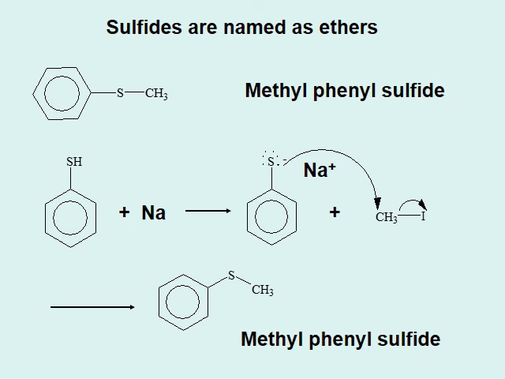Now sulfides, in this particular case, look like an ether linkage, except that instead of oxygen we have sulfur, and it's called methyl phenyl sulfide. So reactions are very similar. Here, instead of oxygen, you have sulfur minus that reacts with methyl iodide, and methyl gets bonded there. So that's how you get the final product.